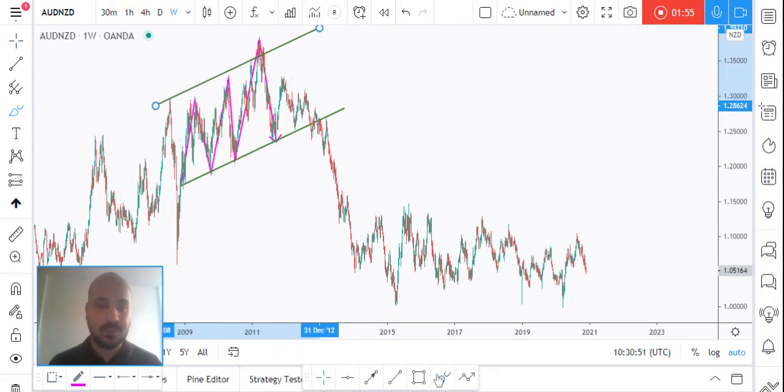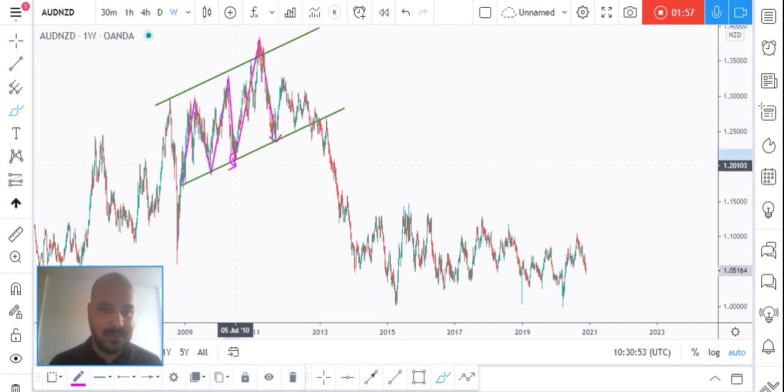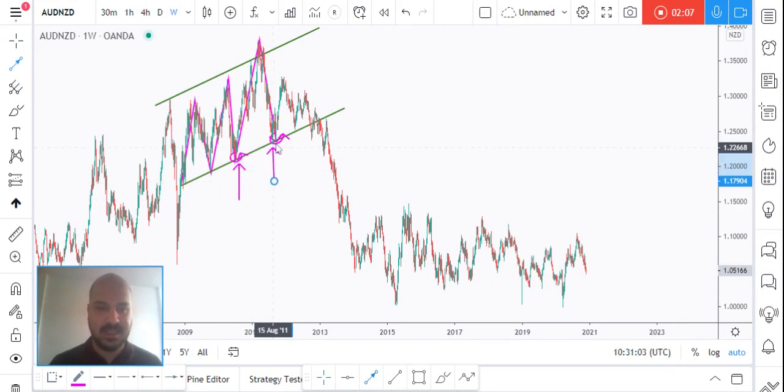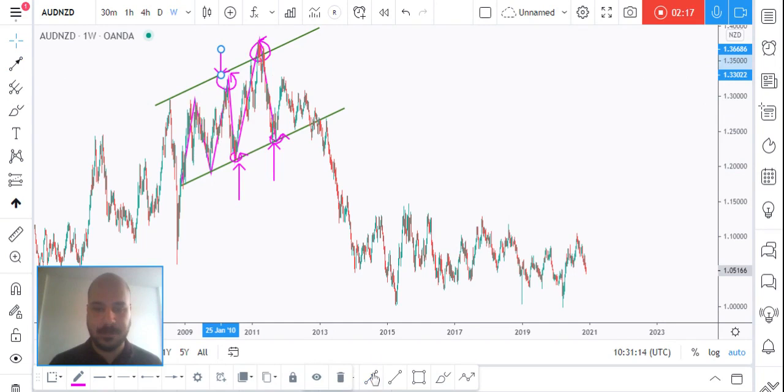We could look for buy setups around here, as we already drew the trend line from these two swings. So we could look for buy setups from this swing and the swing on the non-horizontal support retest. And we could look for sell setups around this swing and this swing.